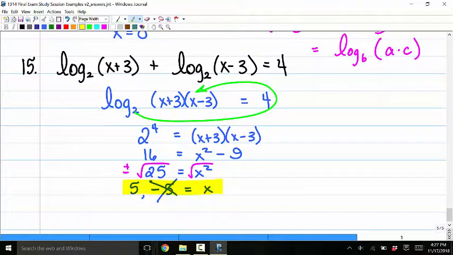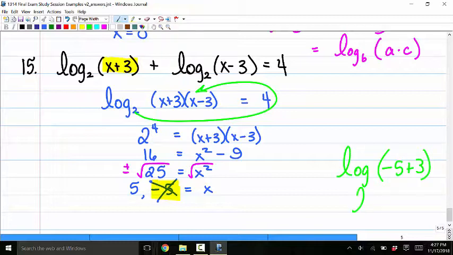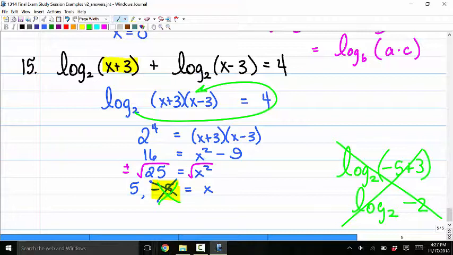When I plug in negative 5 for x back into my original equation, negative 5 plus 3 gives me the log base 2 of negative 2. You cannot take the log of a negative number. That doesn't work. That's not real. So I have to cross out negative 5 as an answer. The only answer that works is x equals 5.